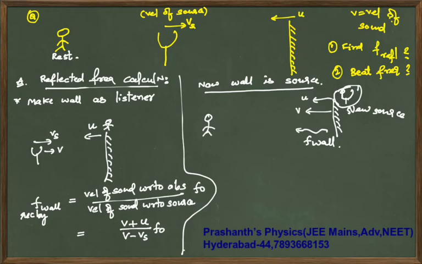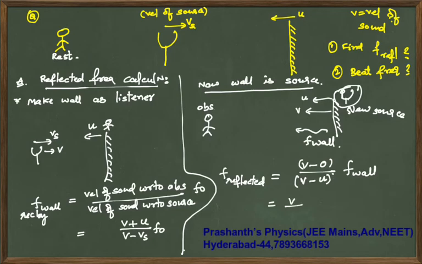So the f reflected that he receives is the velocity of sound with respect to the observer, v minus 0, because the person is the observer here and he is at rest, by the velocity of sound with respect to the source, v minus u, because both are in the same direction, times the frequency given by the wall, f wall.